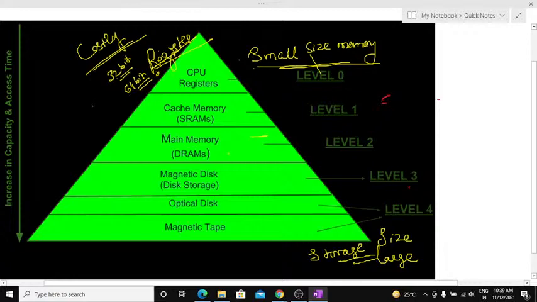Then comes the next memory, that is cache memory. Cache memory is considerably larger in size compared to the registers, and it is also a fast memory, made of static RAM. Then the main memory, that is your primary memory, made of dynamic RAM.